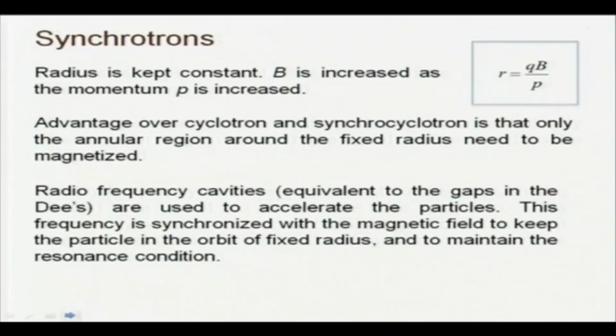They are the equivalent of the gaps between the D's in the case of cyclotrons. So, the whole idea is to keep only the annular region under magnetic field and use the RF cavities to accelerate the particles, the frequency of which is synchronized with the magnetic field. So that everything is kept at the same radius, and acceleration happens each time the particle enters the cavities.